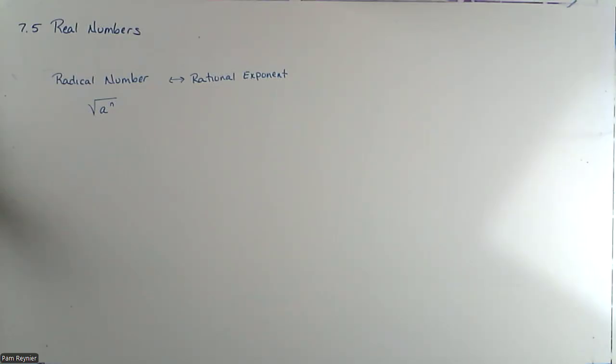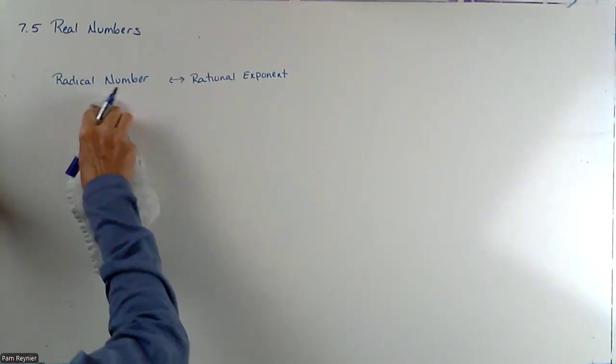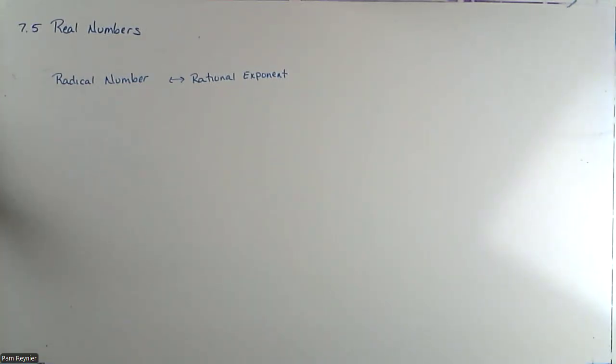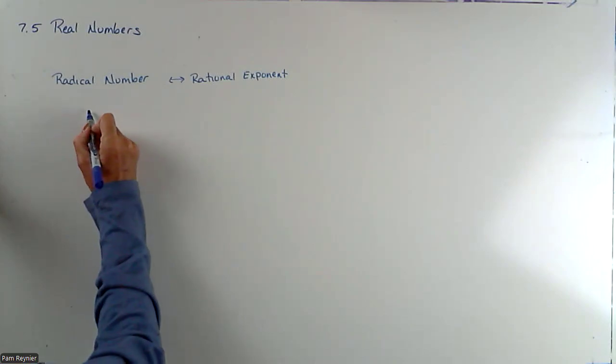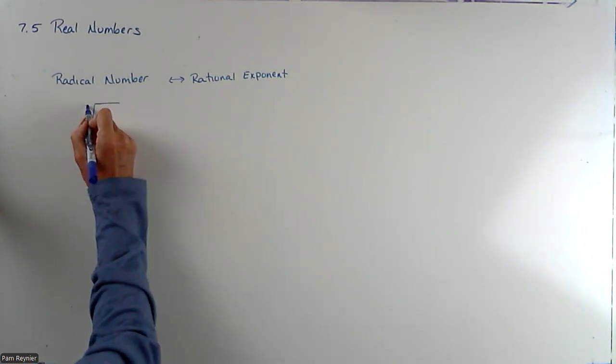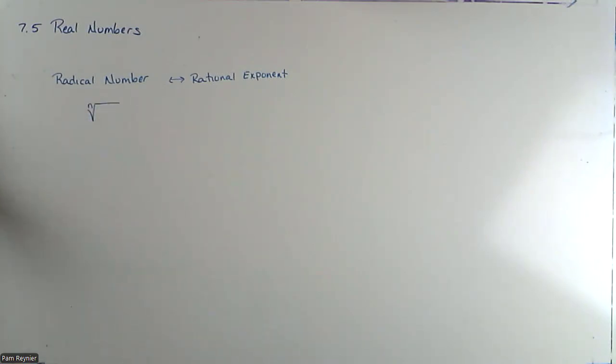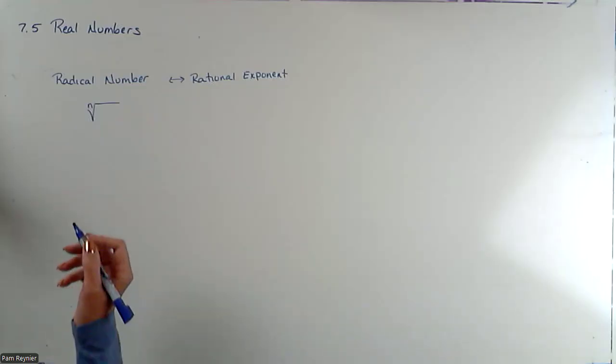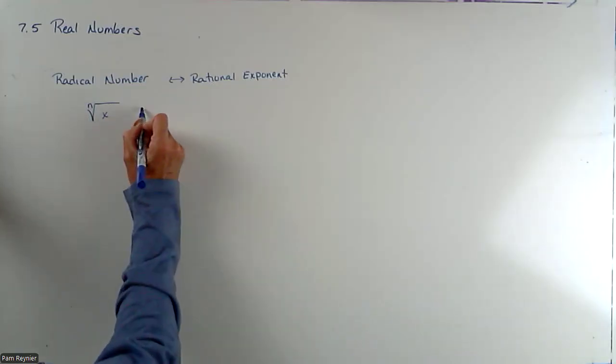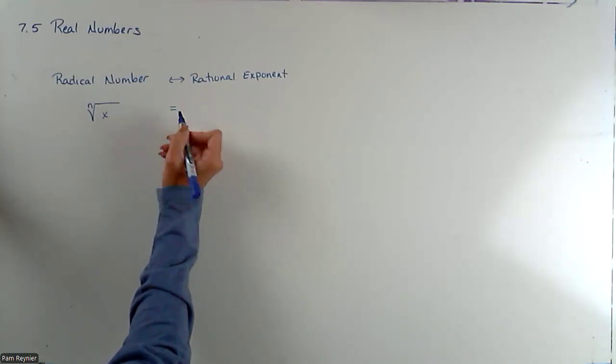You know what? I'm going to actually back up one step. I think I want to do it this way. Sorry about that. Let's do it this way, because then this will work for all of them. Let's say our index number is some natural number, 2, 3, 4, 5. And our radicand is whatever it is.